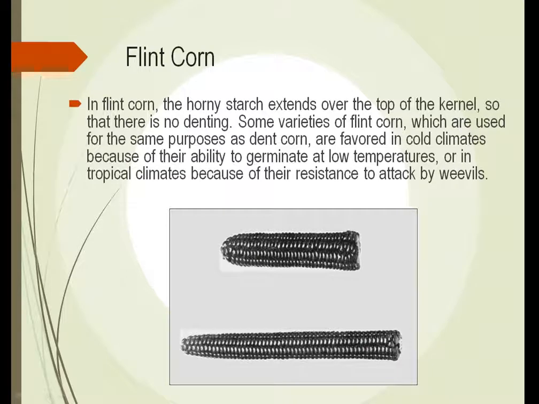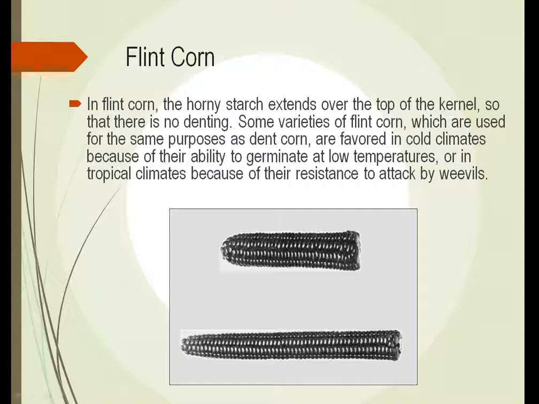In another type of corn called flint corn, the hard starch or horny starch from the side extends all the way over the top of the kernel. So even though the kernel will shrink, the inside will shrink a little as it dries out, there will be no denting in the top. Flint corn has the ability to germinate at a lower temperature than dent corn.